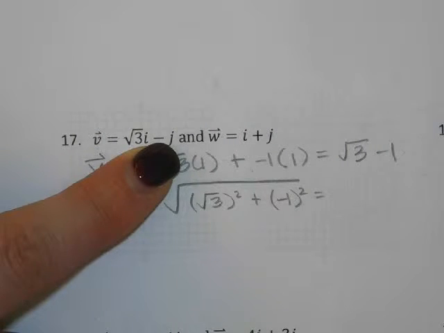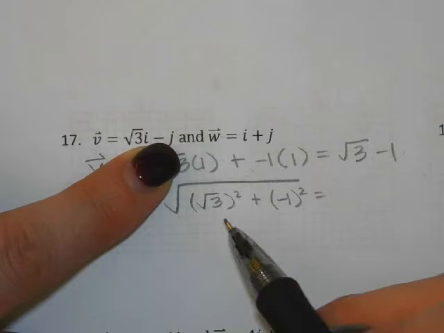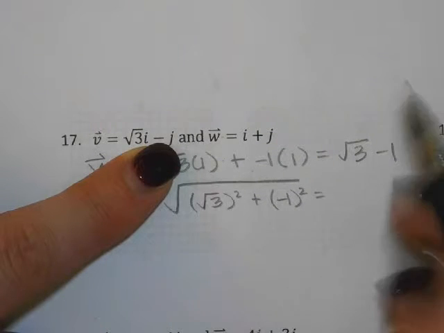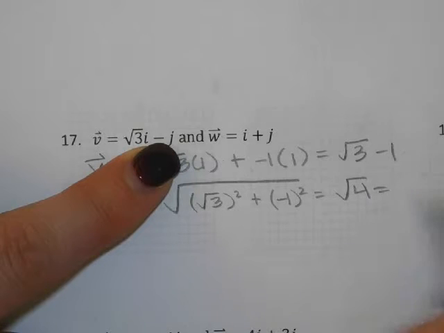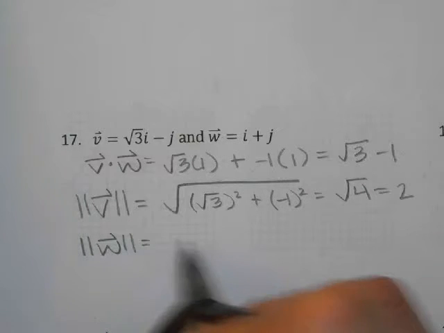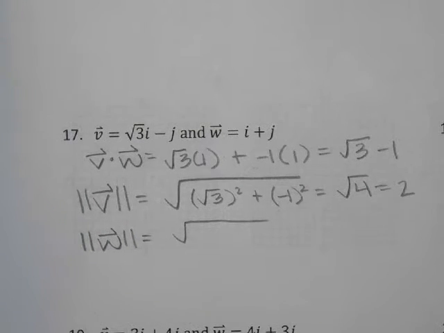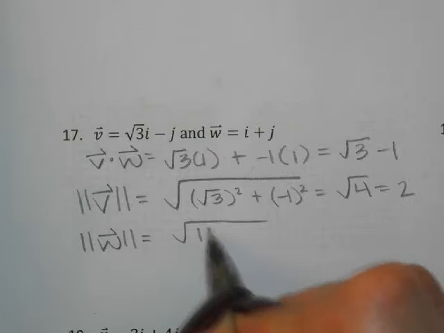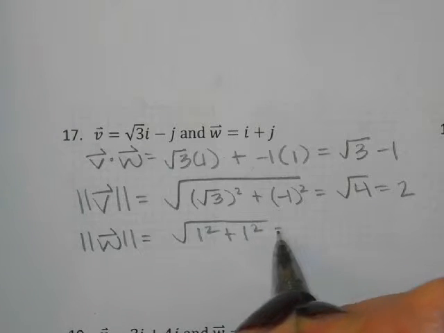What does that give us? Yep, square root 4, which is 2, all right? And then the magnitude of W, just like the other one, we got 1 squared plus 1 squared.